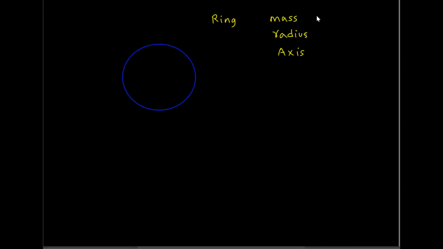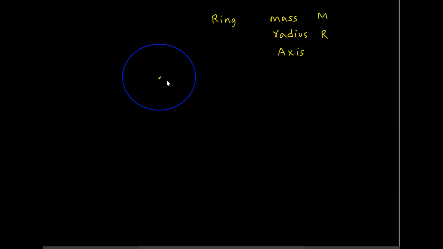So here we can say the mass is m, radius is r, and the axis, if you imagine that this ring is placed on a horizontal table, so this blackboard is the table, the axis passes through the center and is perpendicular to the plane of the ring.